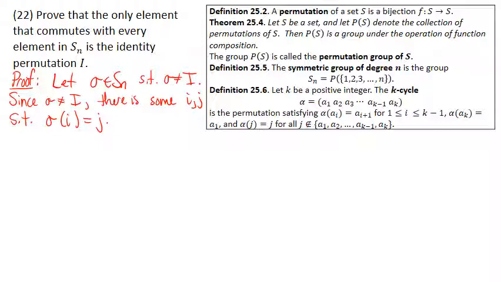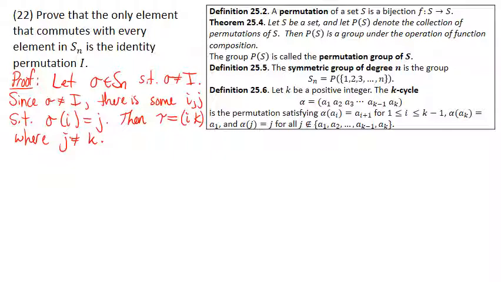Then let me make an element that does not commute with sigma. I'm going to let tau be the cycle (i k), where j does not equal k. So I want tau to be an element that permutes i with something that is not j.